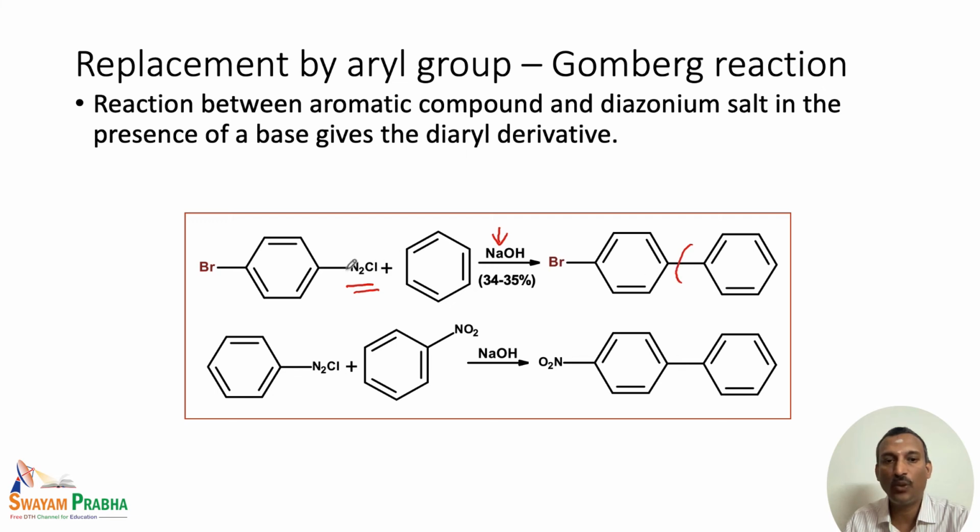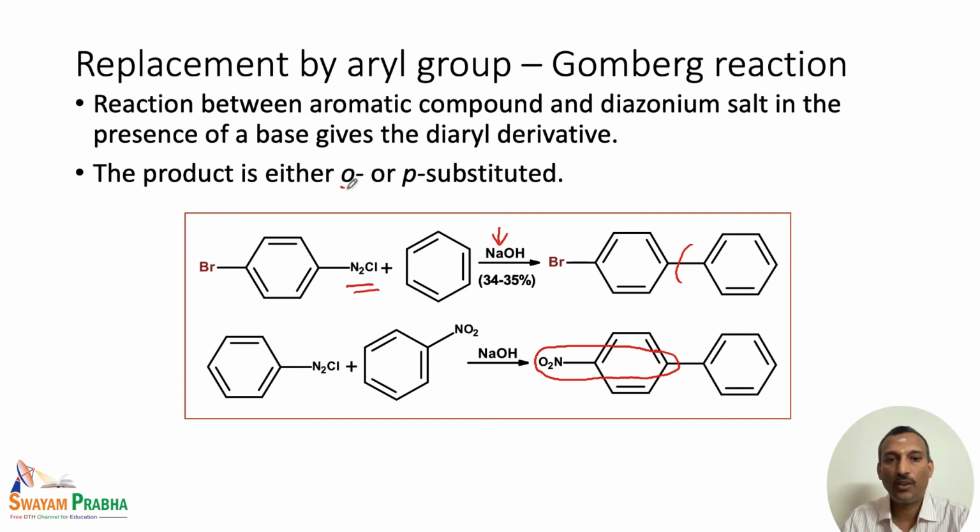A simple reaction of the diazonium salt with nitrobenzene produces the para-substituted product. This is how the reaction generally proceeds. In most cases, either ortho or para substitution takes place, and since the aromatic ring is very bulky, para substitution takes place very readily.